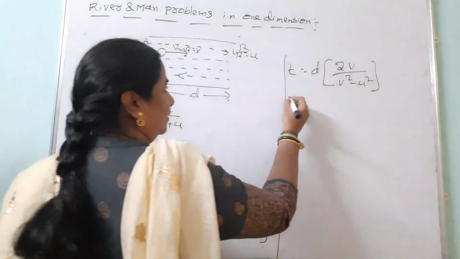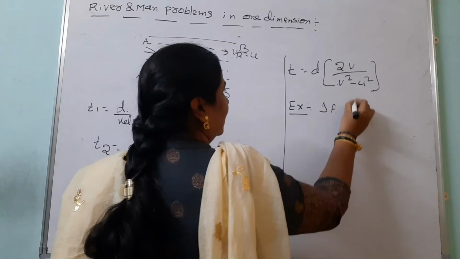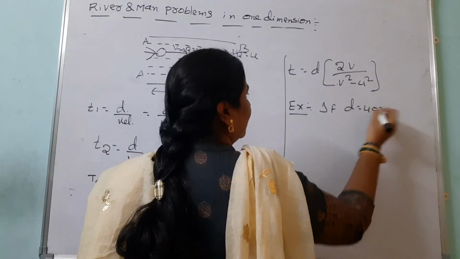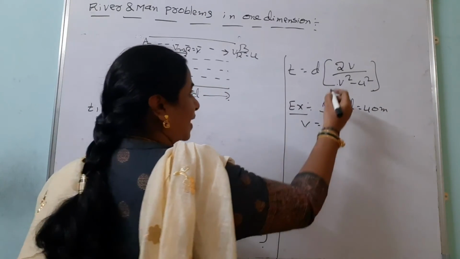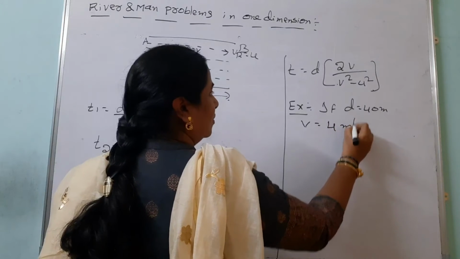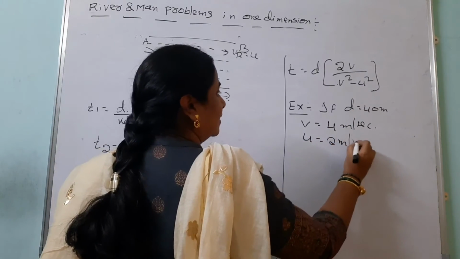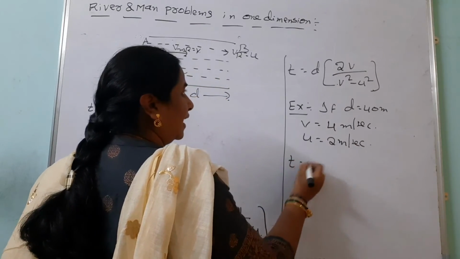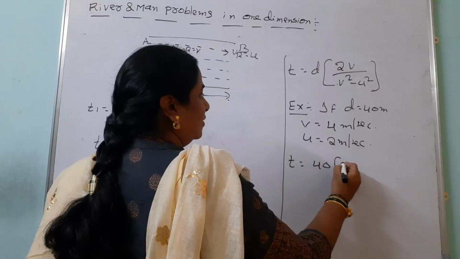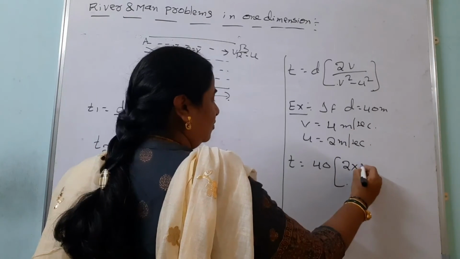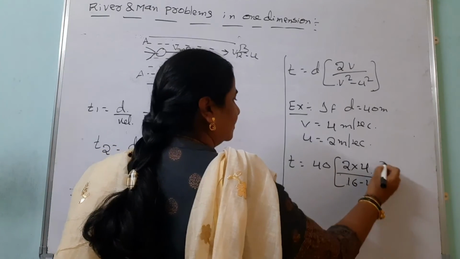Now we are going to discuss one problem based on this. If D equals 40 meters, the velocity of the man with respect to river is 4 meters per second, and U is 2 meters per second, how do we find the time? Directly we take 40 meters, then 2 into 4 by V square, 16 minus 4.